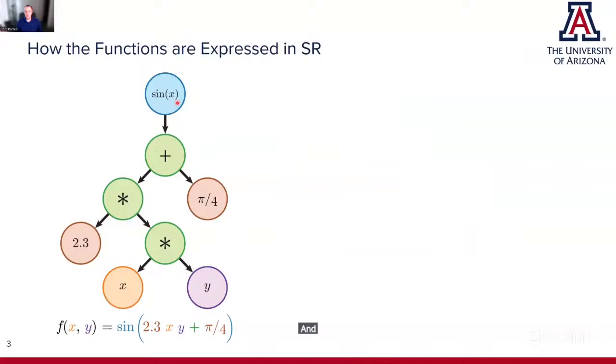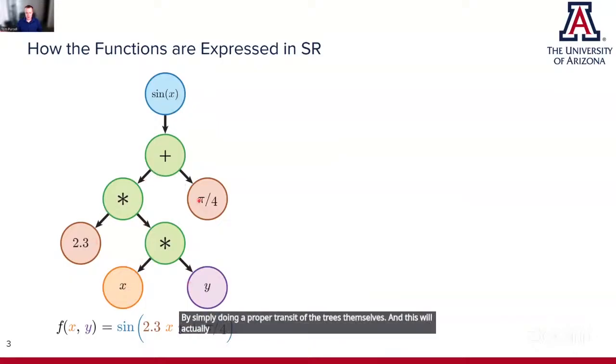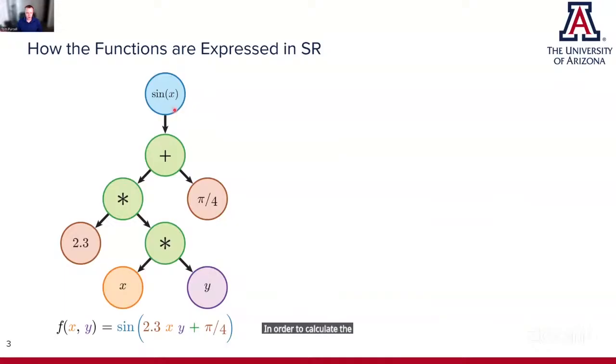And two, we can define anything about a given expression by simply doing a proper traversal of the trees themselves. And this will actually lead us directly to a stack that we can convert these trees into a set of computational instructions in order to calculate the final property estimates.